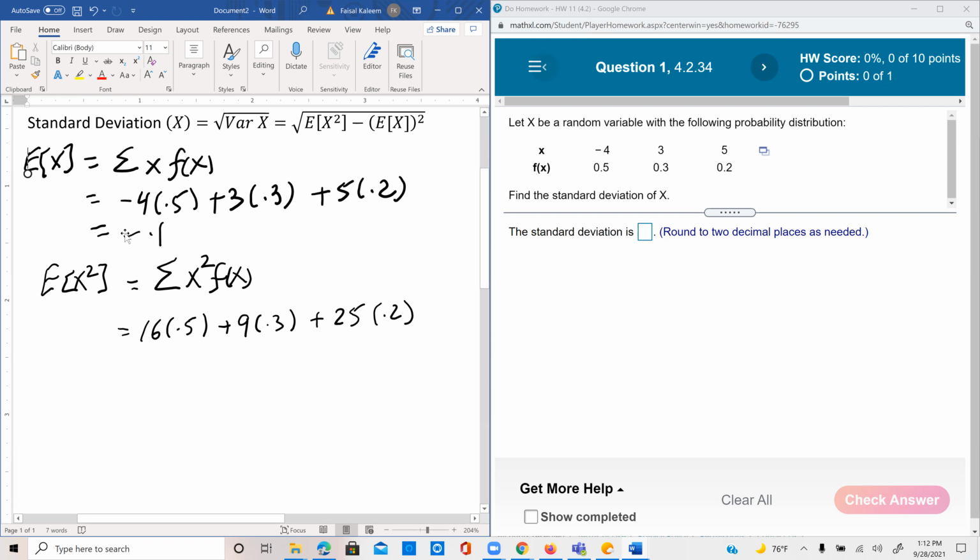I've squared all three x values, the -4, 3, and 5. And now that gives me 8 plus 2.7 is 10.7, and plus 25 times 0.2 is 5. So 15.7.